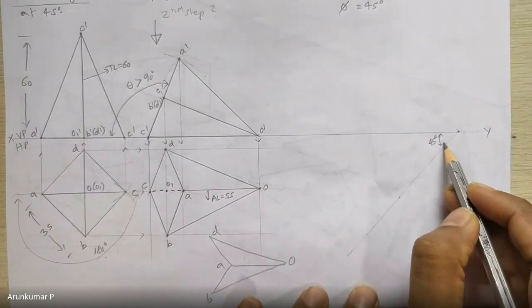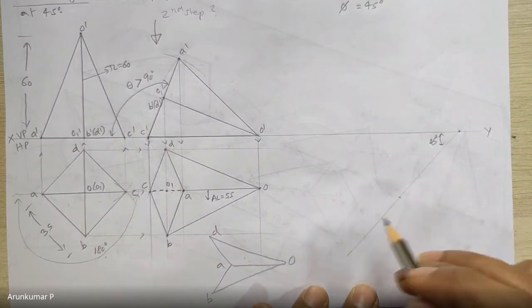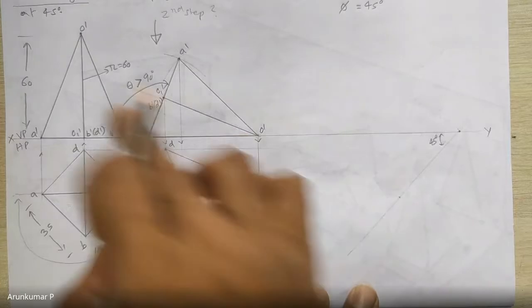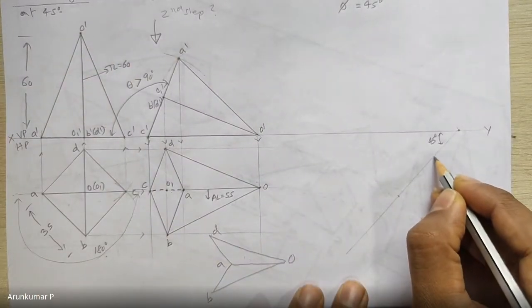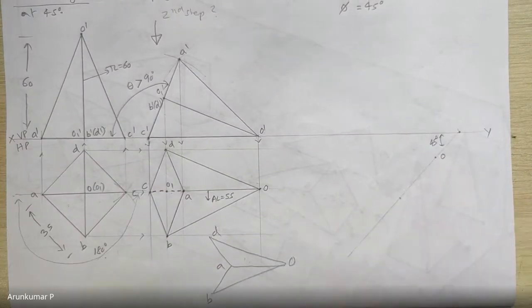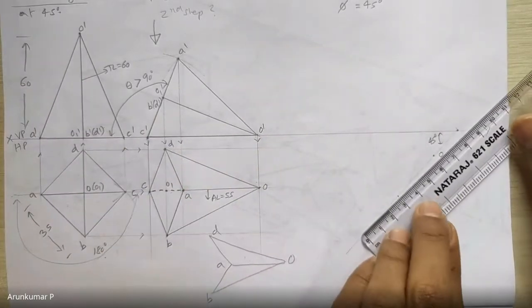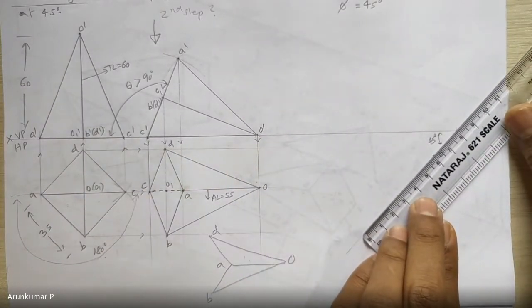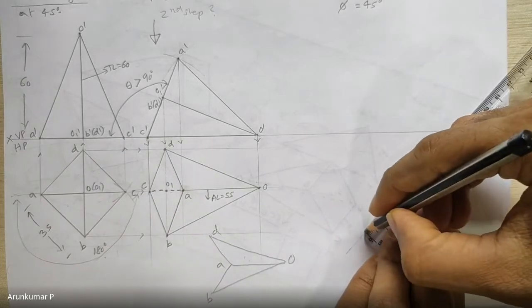So since it's a true inclination, you have to locate or draw the true length of the axis on the true inclination. So you know the true length 60 mm. So no problem, you mark a point here O. This is the apex. And then 60 mm. You can draw a 60 mm line. This is a 60 mm line.